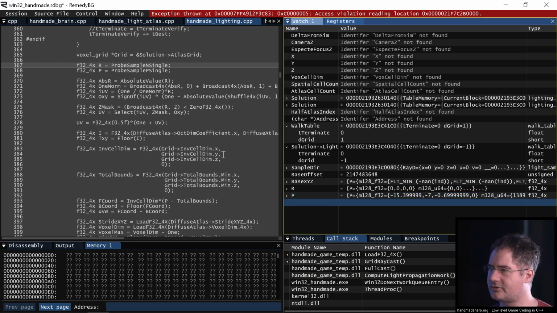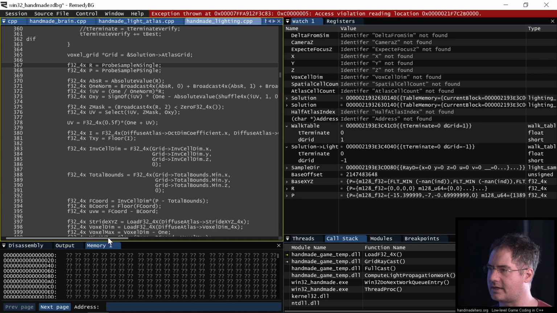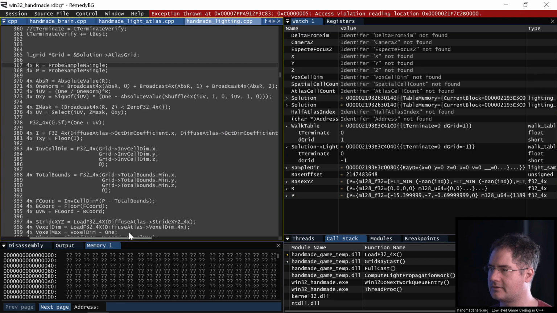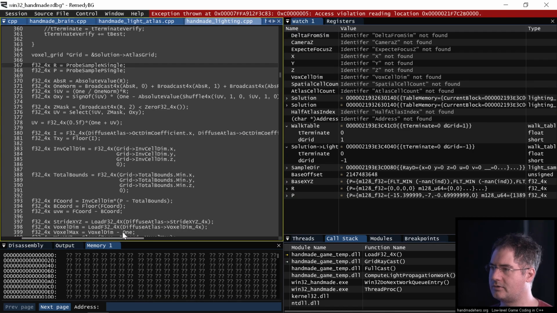So yeah, I'm not sure why we're getting that, but unum broadcast 1 norm, 1 over 1 norm for IUV. Yep, so this uses an inverse as well.